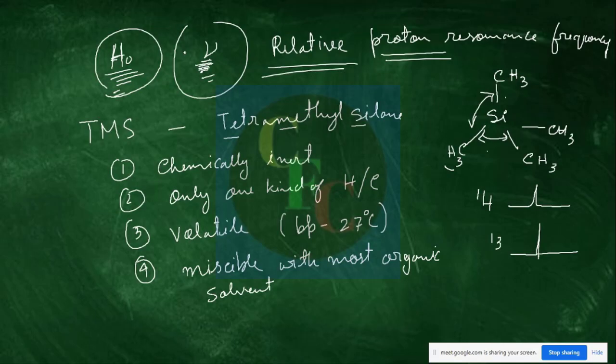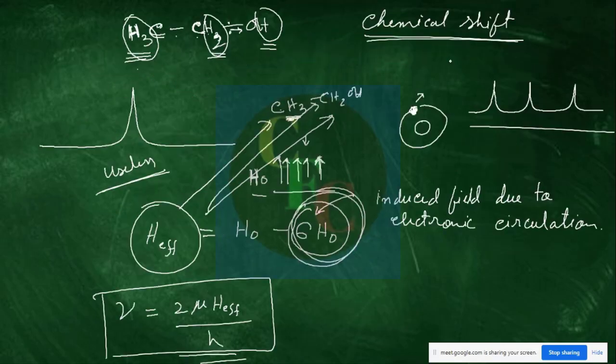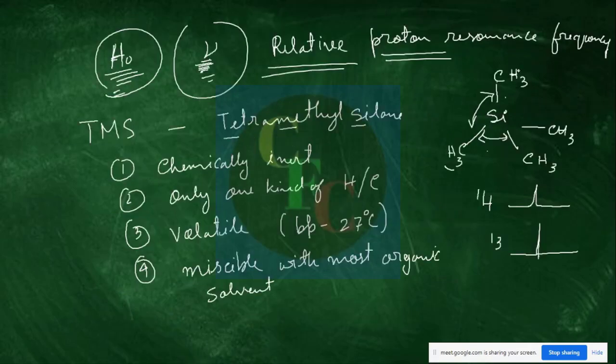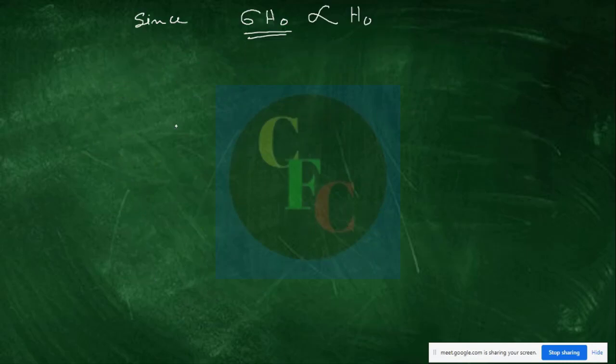This chemical shift is the shift from this resonance frequency, this standard. So the chemical shift is also proportional to H0, right?